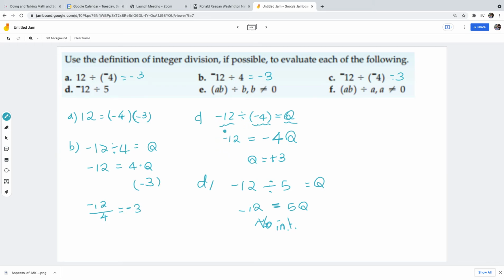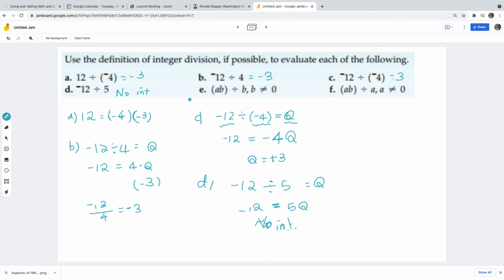Because we know that 5 times something will always end with 5 or 0, but this one has 2 in the ones place, so it's not divisible by 5. So it is undefined. Well, it's different from undefined actually. We can just say that there's no integer quotient. Okay, no integer for that.